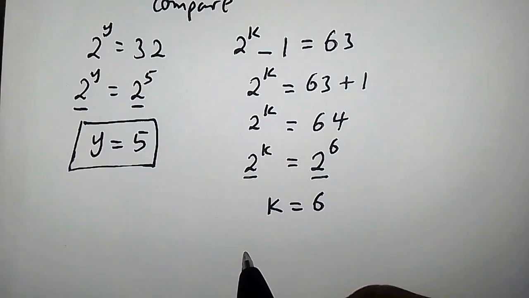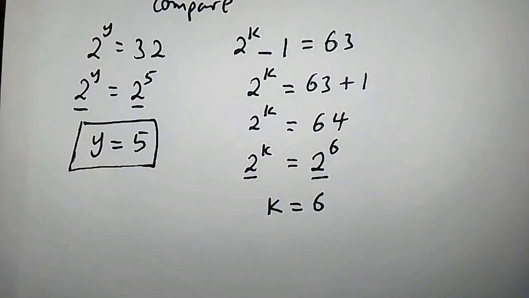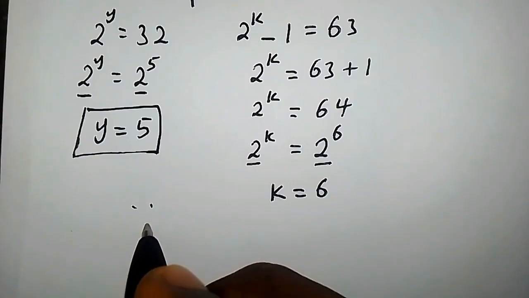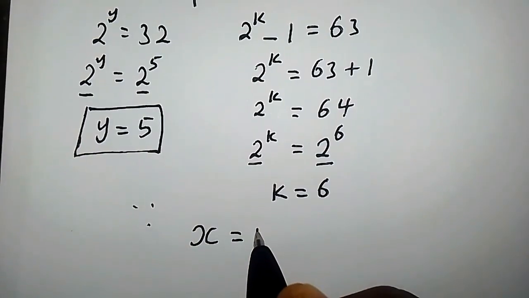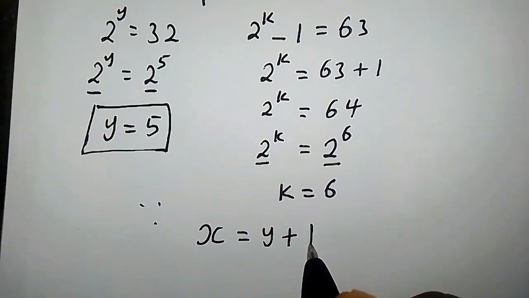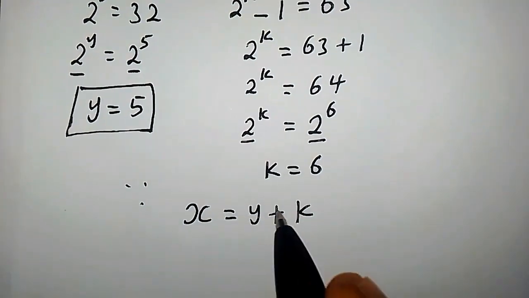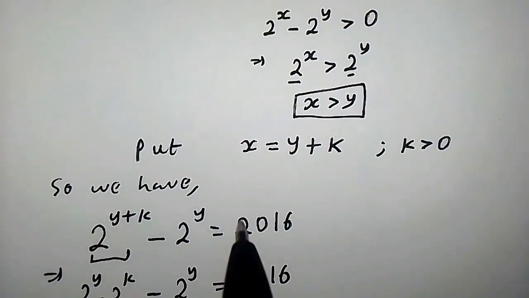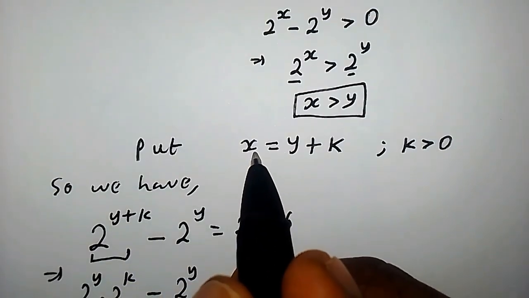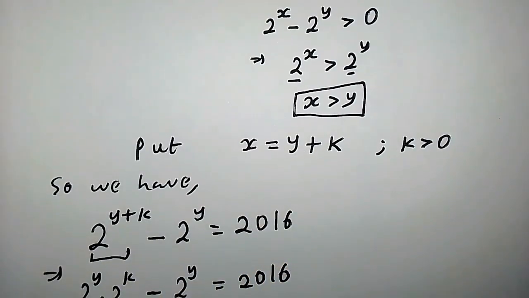But our goal is to find what? It is to find x. That is what is left. We know that x is equal to y plus k. It's basically from this assumption, x equals y plus k. Let's continue.